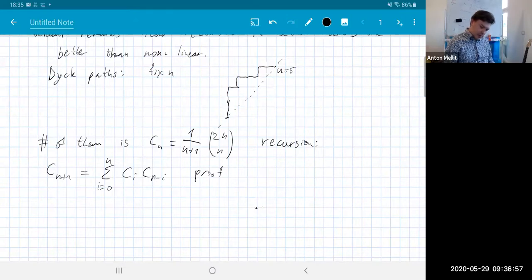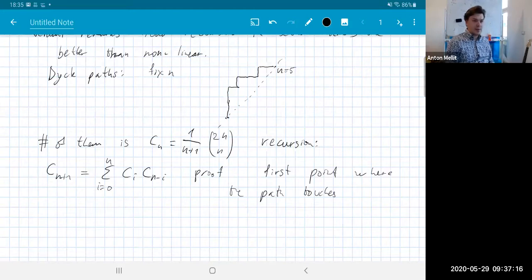We look at the first point where the path touches the diagonal. So maybe I made a mistake in the formula.